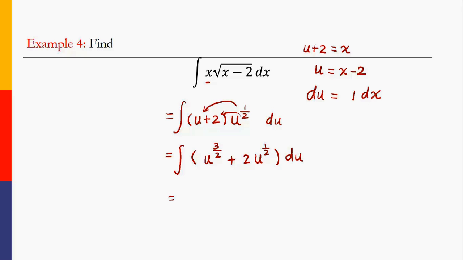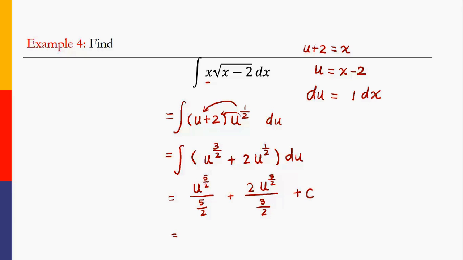So we have u to the 3/2 plus 1, which is 5/2 power, divided by the new power 5/2, plus twice u to the 3/2 power divided by the new power 3/2, plus c.